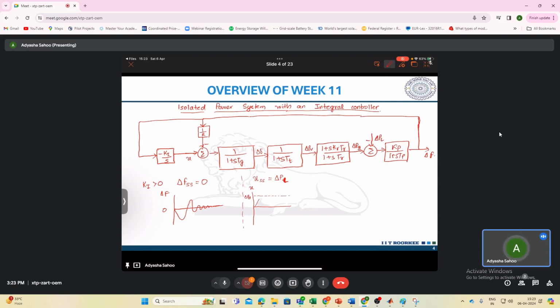That means it will also settle down at delta PD after some time, and delta PG steady state is also equal to delta PD. Delta PG will be the same as your U.